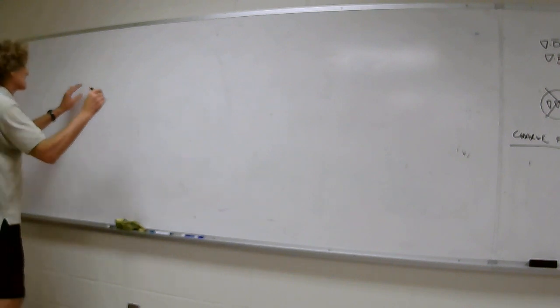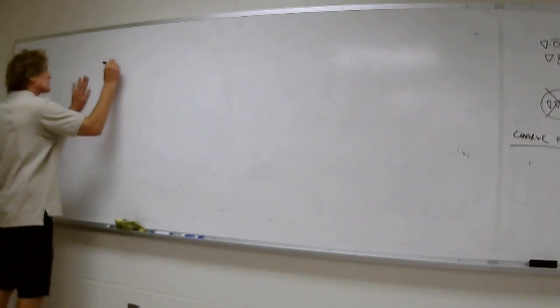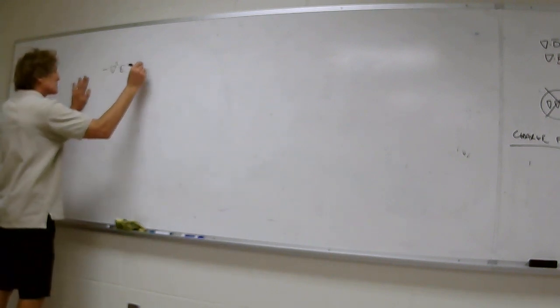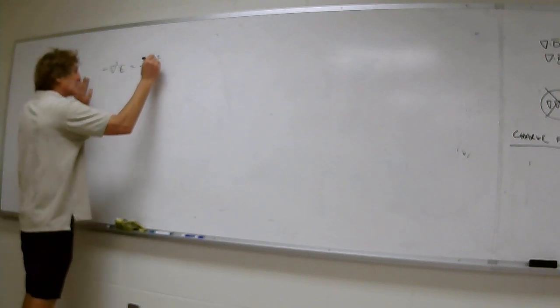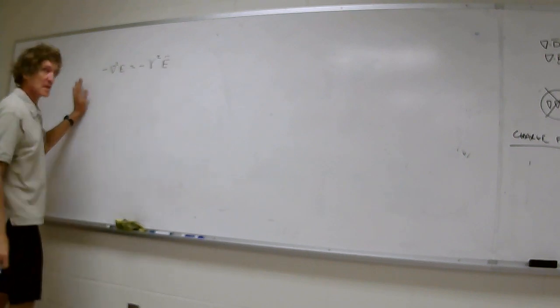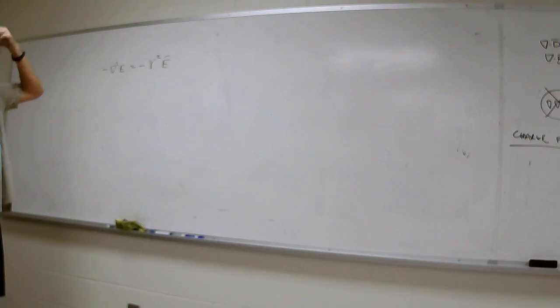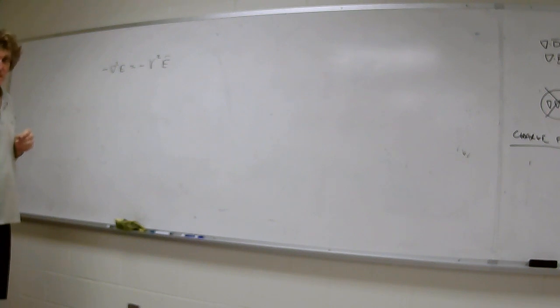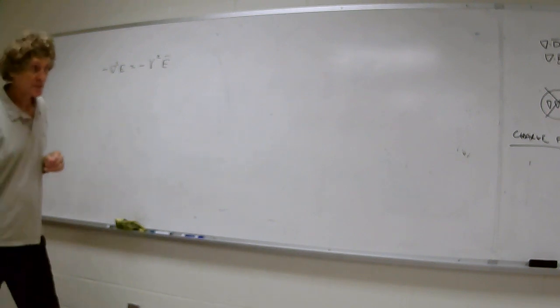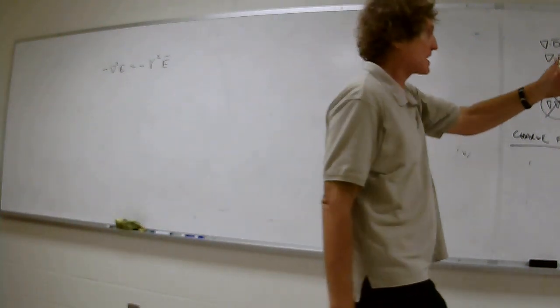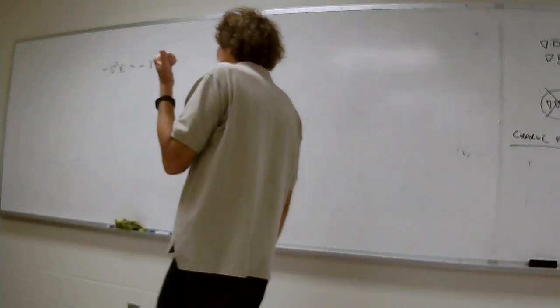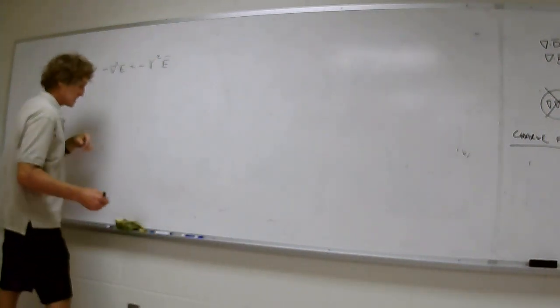So anyway, now I get this. I have minus del squared of E equal to minus gamma squared E. You all see that, class? Because I've gotten rid of all those constants, j omega mu sigma plus j omega epsilon. With me, class? That's that top equation right there. Now, the next part is kind of straightforward.